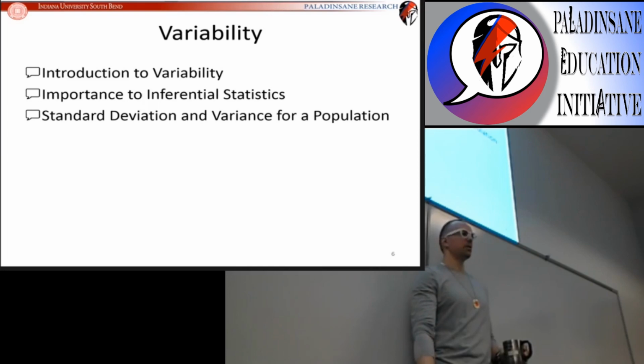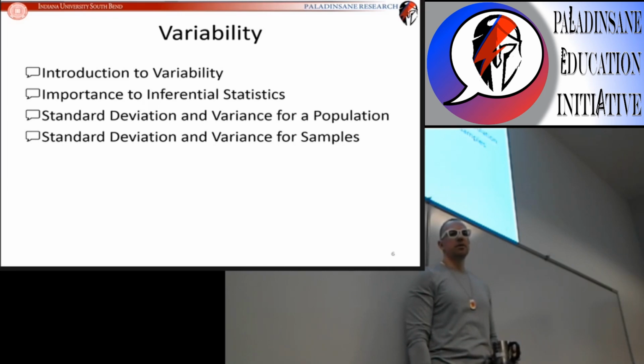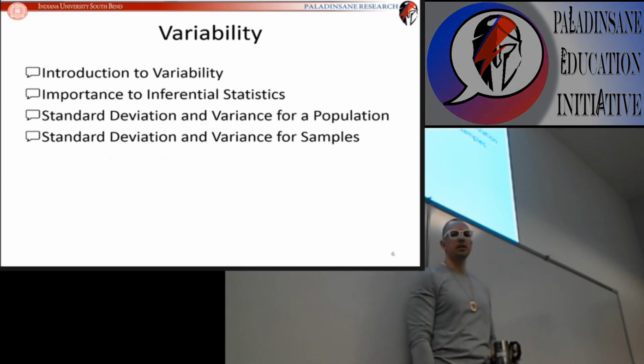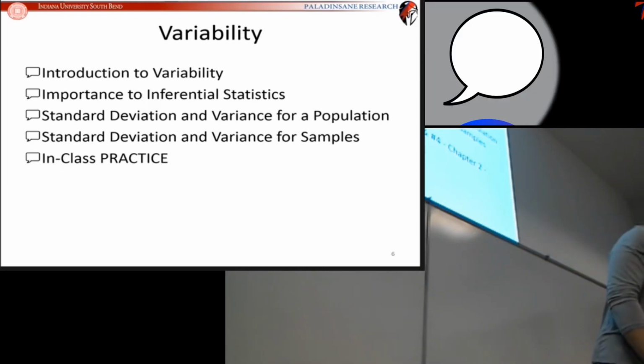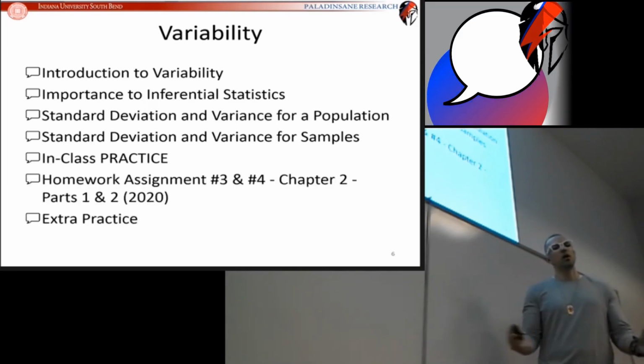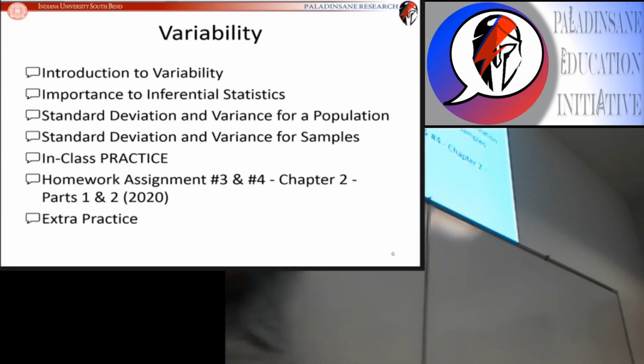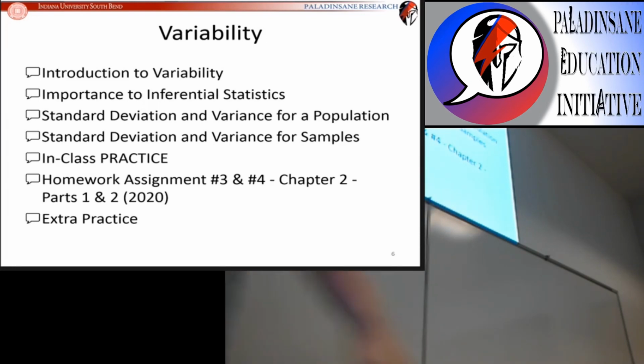We are going to see for the first time ever that those functions are different for samples, and then we're going to have time for some in-class follow-along practice and extra practice. At the end of today, you will be ready to do homework assignments 3 and 4 because they ask for measures of central tendency and measures of variability.